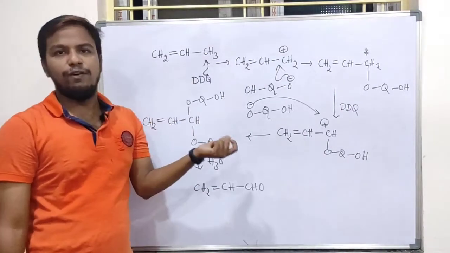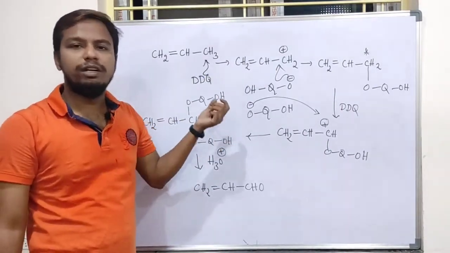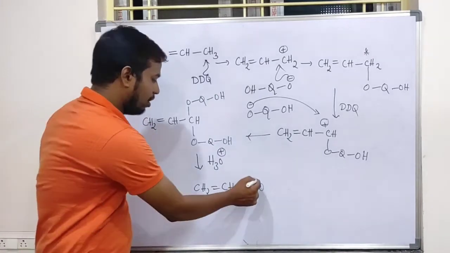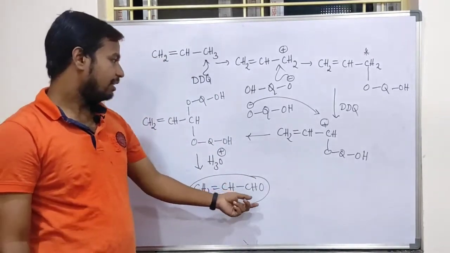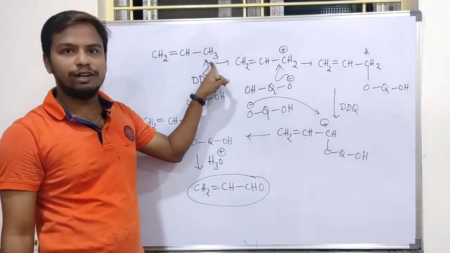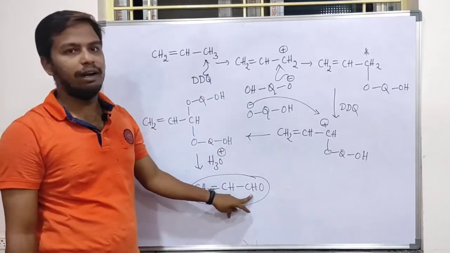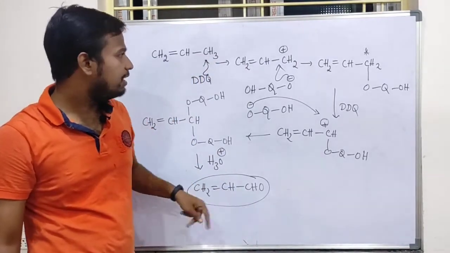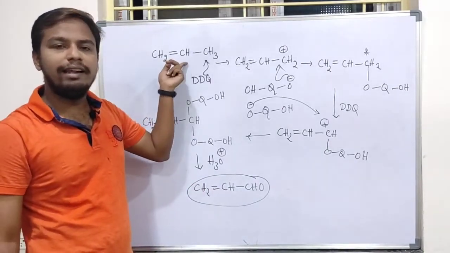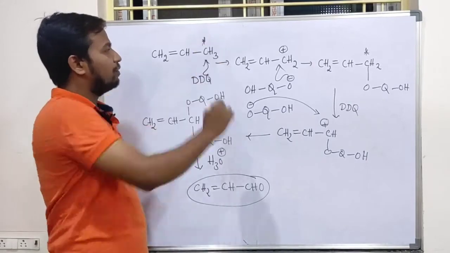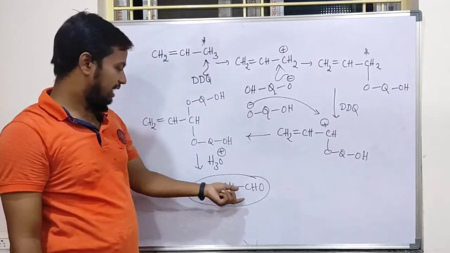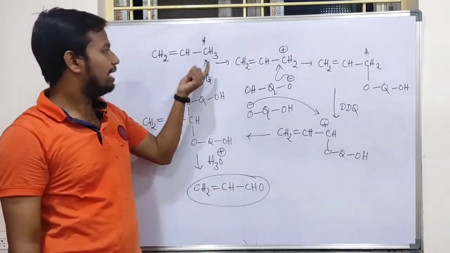So if there is no possibility for dehydrogenation, oxygen is inserted or added. That means this CH functional group is converted into aldehyde. Very important reagent, right? So it happens both in allylic as well as the benzylic positions. So the best way to convert allyl and benzyl carbon into aldehyde is by adding DDQ.